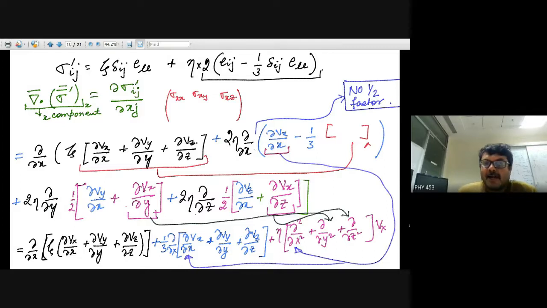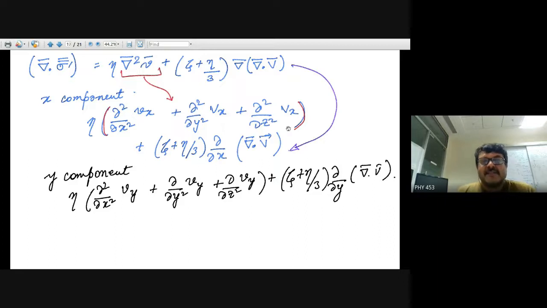And you have also a divergence v sitting here, remember that, right? So here you'll get 2 eta or 2 by 3 eta divergence of v, which will also be there. As a consequence, you are going to get zeta plus eta by 3 grad of divergence v.